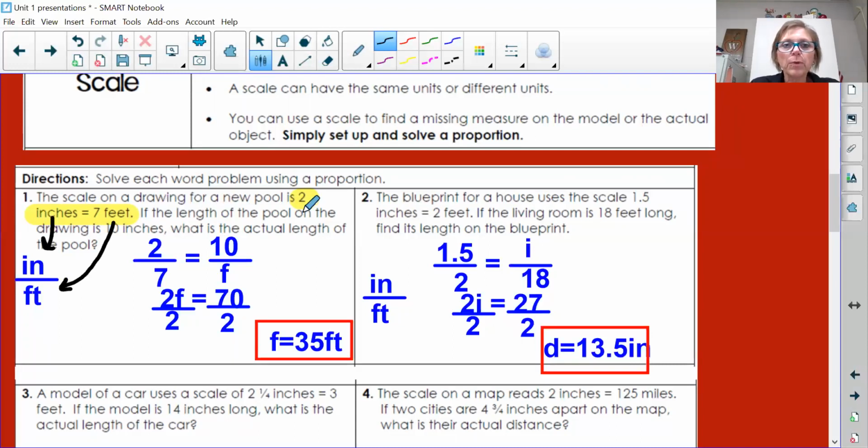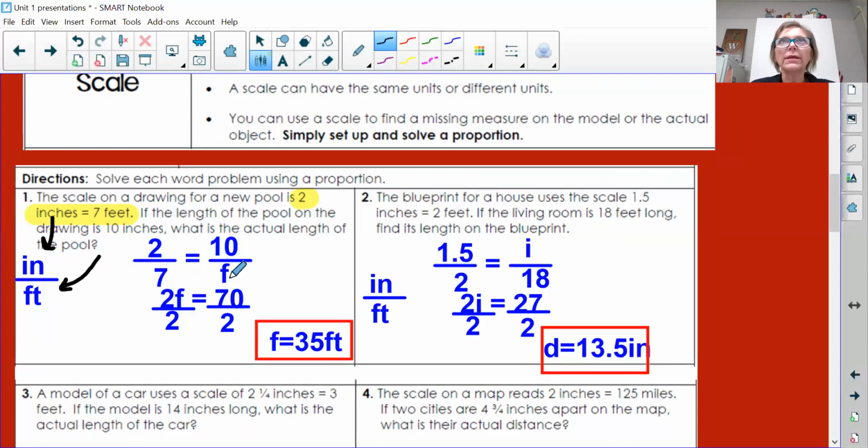If the length of the pool on the drawing is 10 inches, now think about it. 10 what? 10 inches. So do you see I put it on the top? Because only on the top can you put inches. So 2 inches, 10 inches, 7 feet, and this is what we're looking for. It says, what is the actual length of the pool?